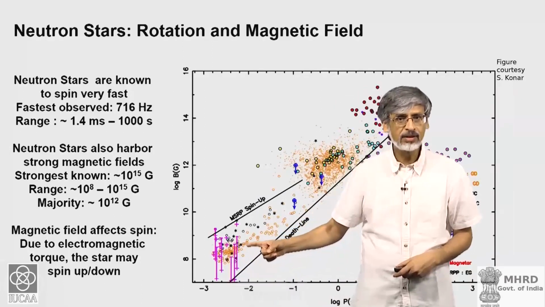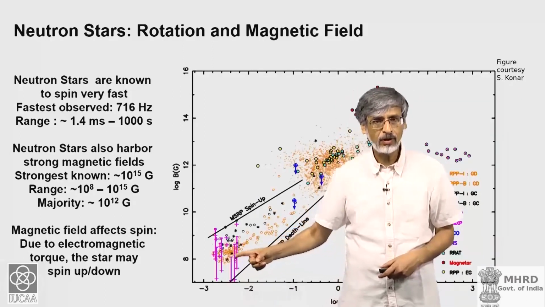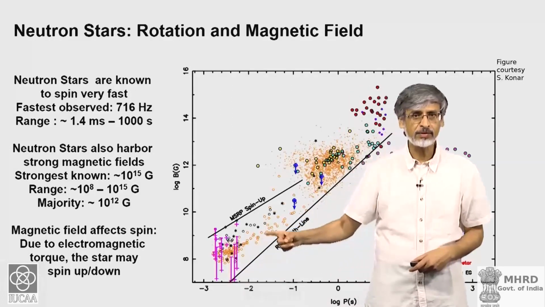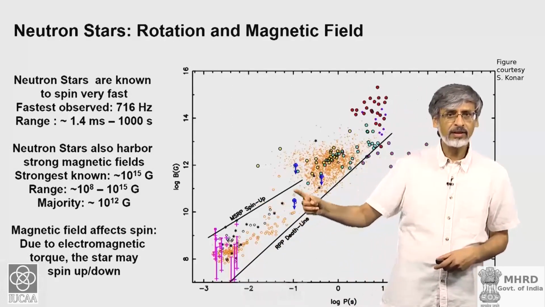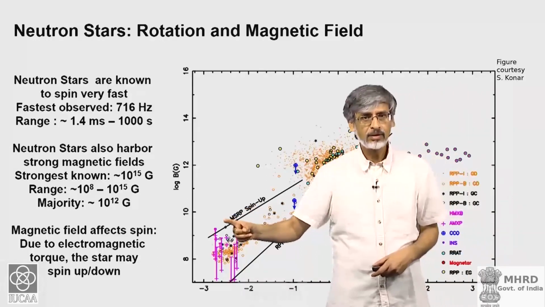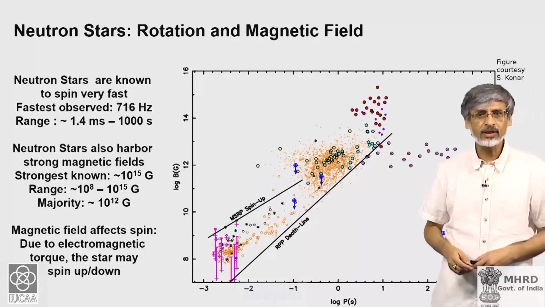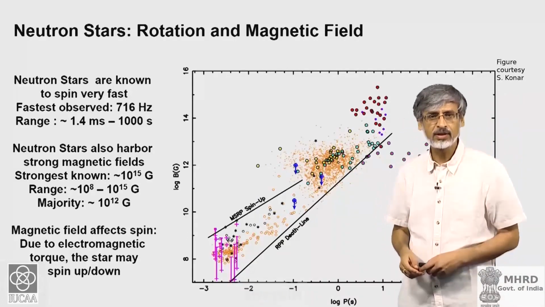So, many of these are products of such a spinning up process in binary systems, and this line here corresponds to the maximal spin up that can occur in binary systems of this kind.